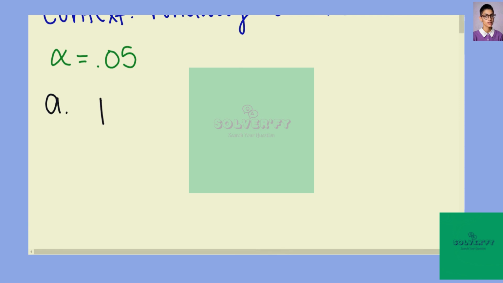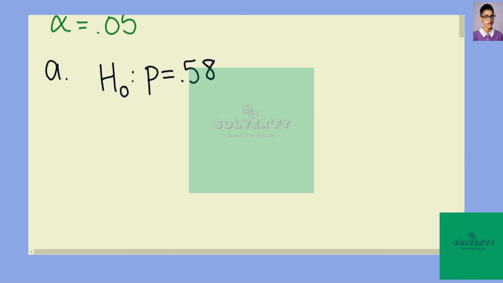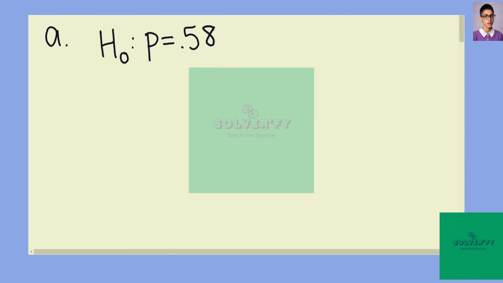So the first thing we do is we identify our claim. That is our null hypothesis. And the claim is that 58% of runaways are female. So our null hypothesis is that the true population proportion shown by P is 0.58.